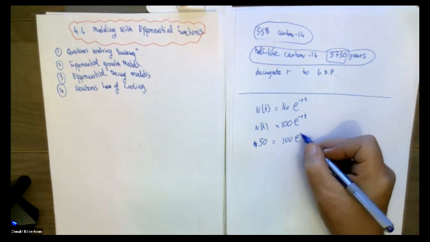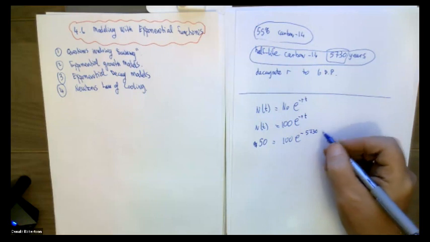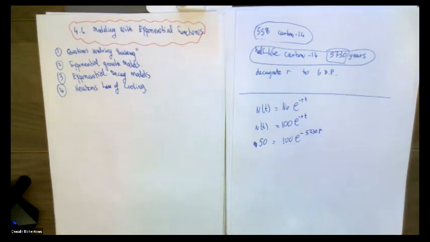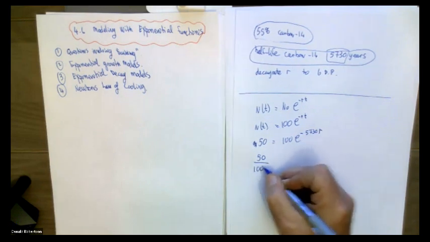And it's going to take you 5,730 years, so r times that number gets you that. Do you recognize the exponential equations that we've been doing for ages, it seems now? So let's go through the process. Divide both sides.